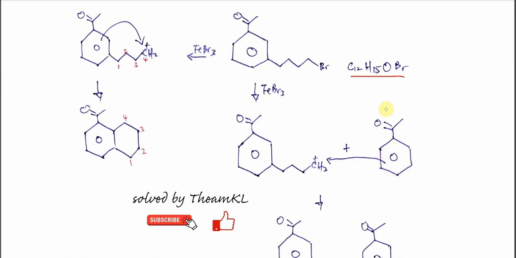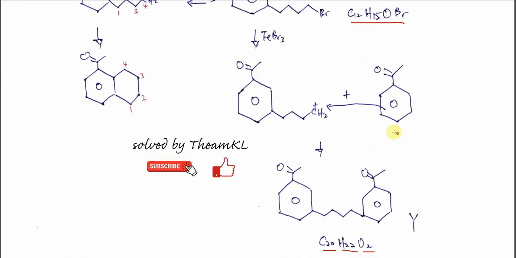The ketone used initially has a total of 8 carbons, so we can predict that it is the reaction of the product with the starting material forming a larger molecule. So that's why we get this.